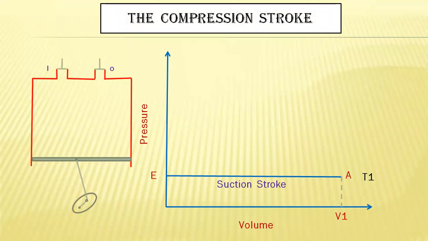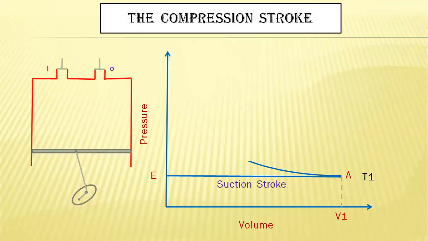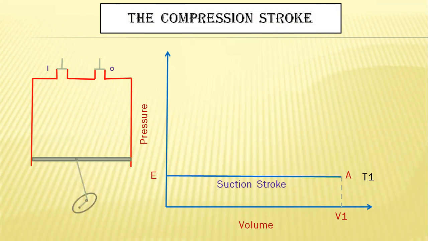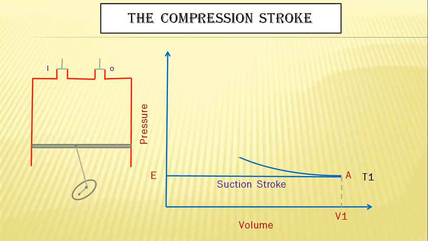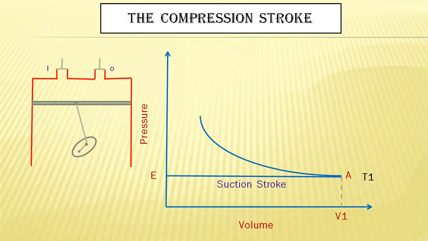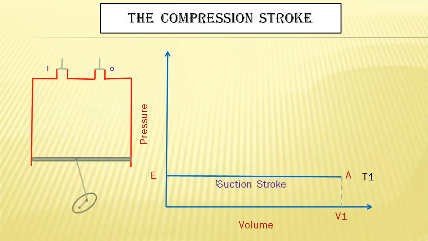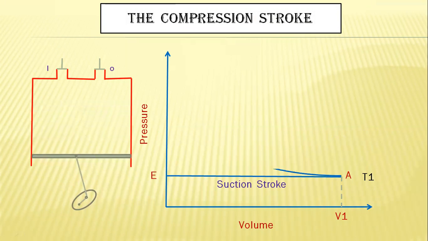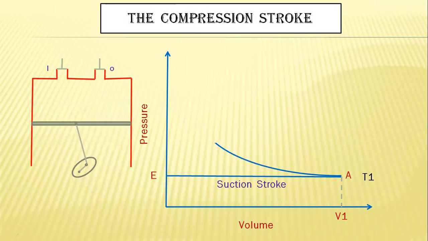Next is the compression stroke. Here all the valves are closed and the piston moves in the backward direction. Because the piston moves backward, due to the compression of the air and petrol vapor, the pressure increases and the volume of the cylinder decreases.